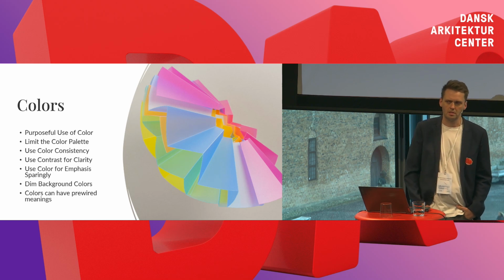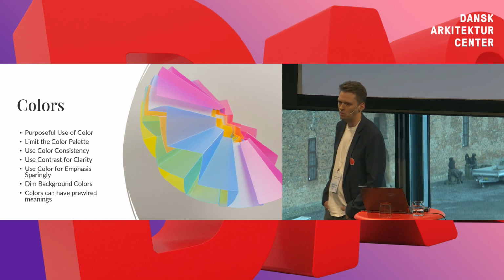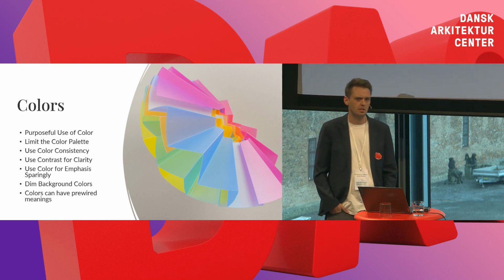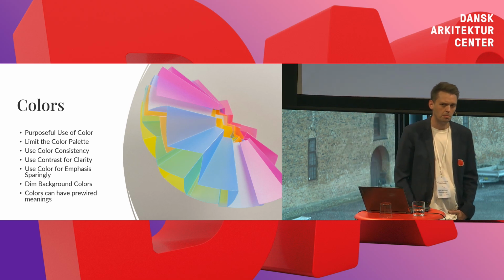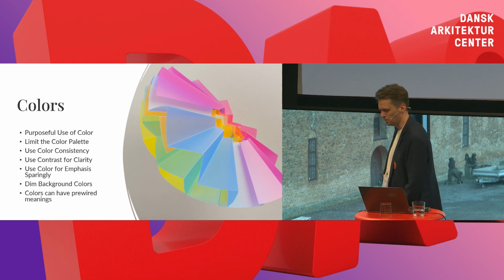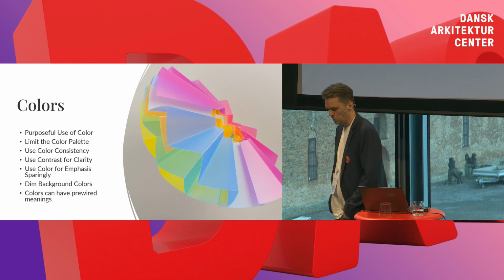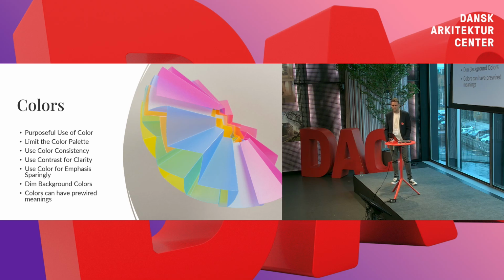But it's also in context, so we could also have something like a heat map. And in a heat map, we would probably consider red to be just something where there's a lot of traffic. And then the opposite end of that would be blue. So it also relates to context, but it's really useful to keep that in mind, that if we're using colors that might have a pre-wired meaning to people, we might actually distract them.